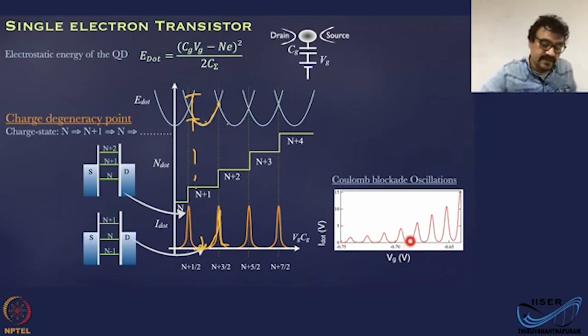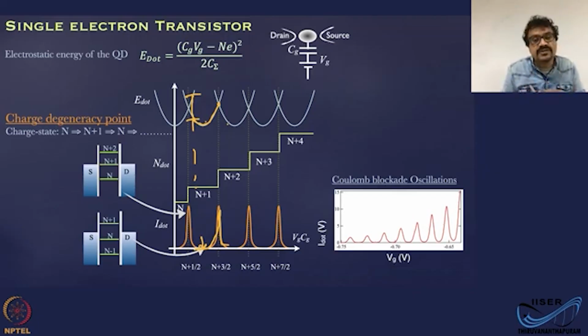Okay, and this is experimental data where you see a periodic oscillation as a function of gate voltage from a representative device. At this point, we get a peak in the current, and the current will die very soon as you move away from that point. And how fast it will die away all depends upon various other factors such as thermal broadening.